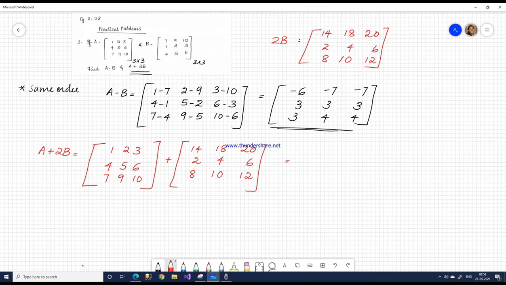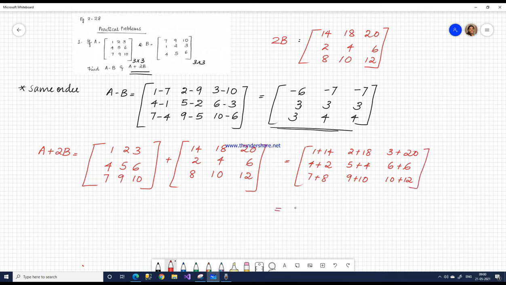So the value will be 1 plus 14, 2 plus 18, 3 plus 20, 4 plus 2, 5 plus 4, 6 plus 6, 7 plus 8, 9 plus 10 and 10 plus 12.